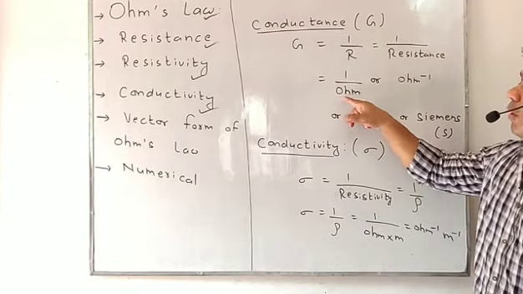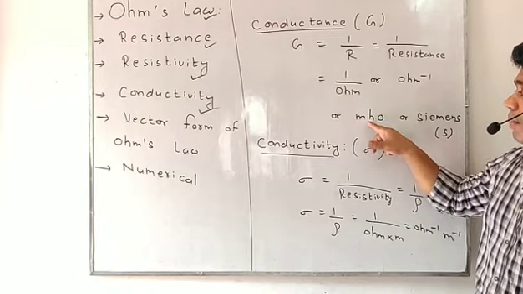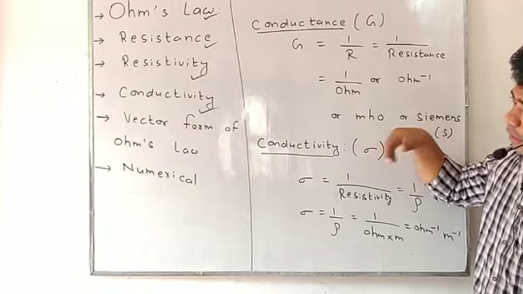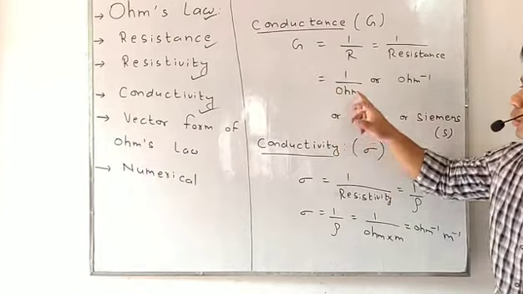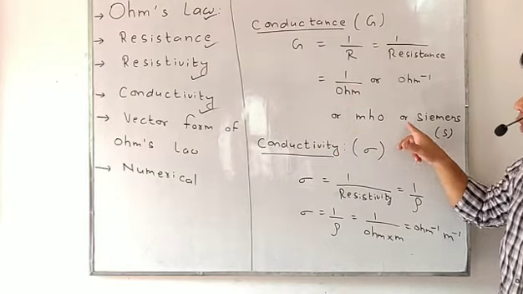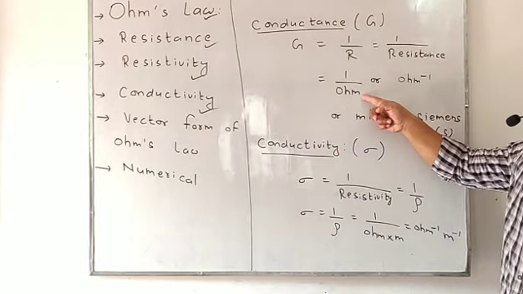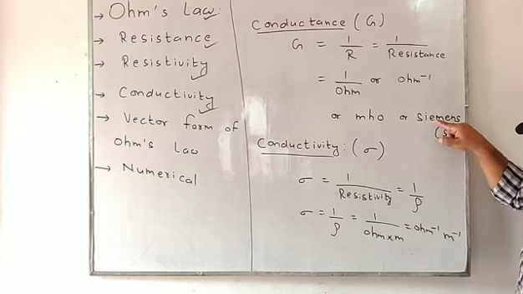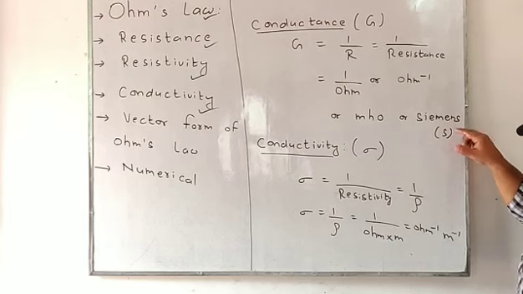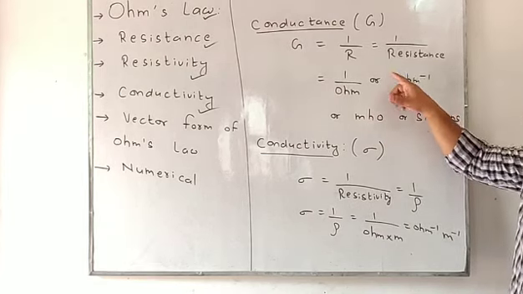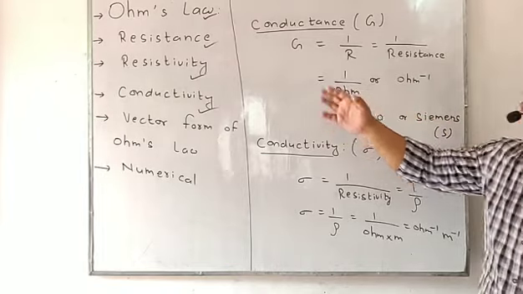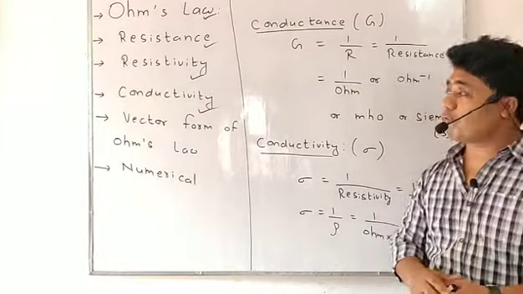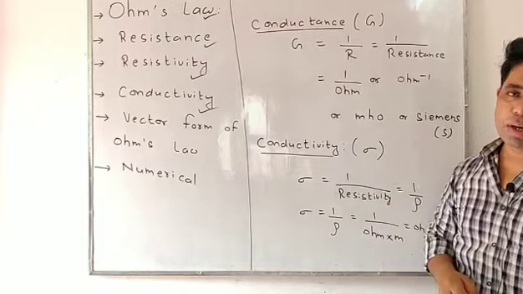When we reverse ohm, it is called mho, which is also a unit of conductance. Ohm inverse is also called Siemens, represented by S. So Siemens, mho, ohm inverse, and 1 by ohm are all different units of conductance.